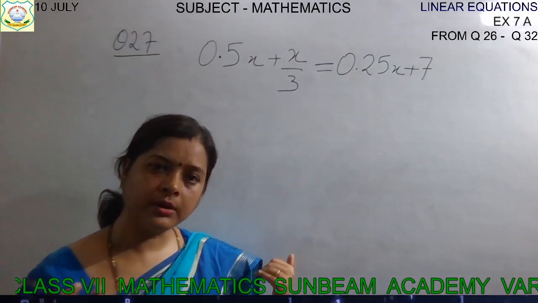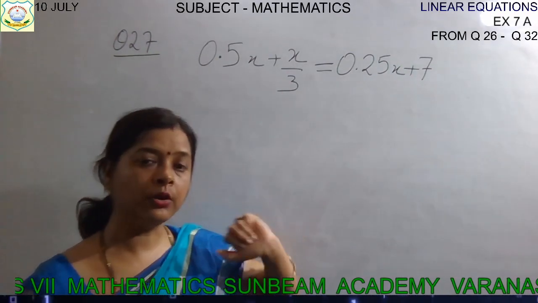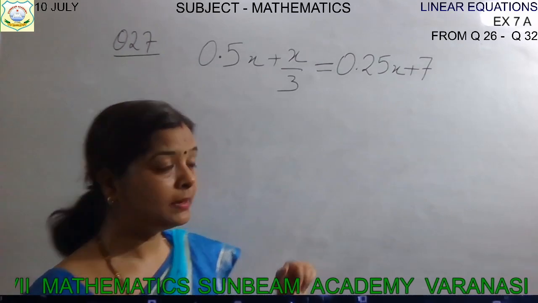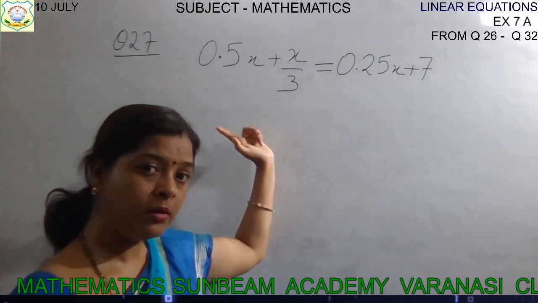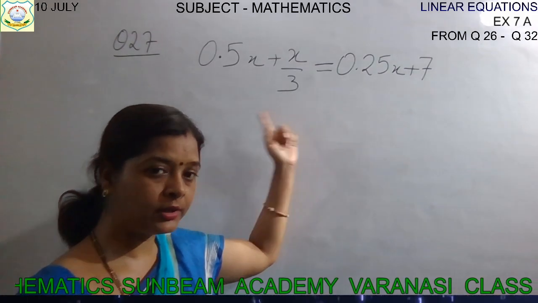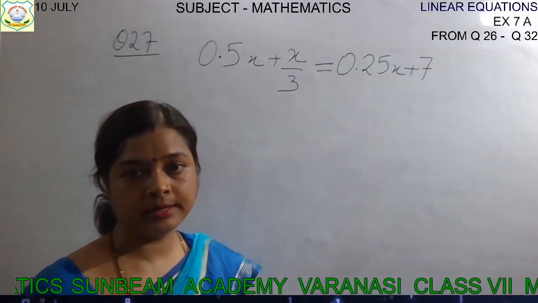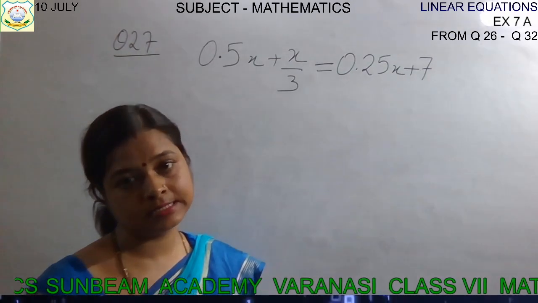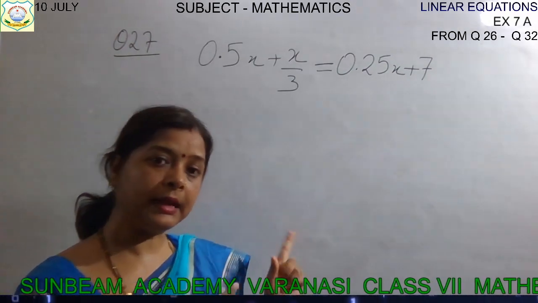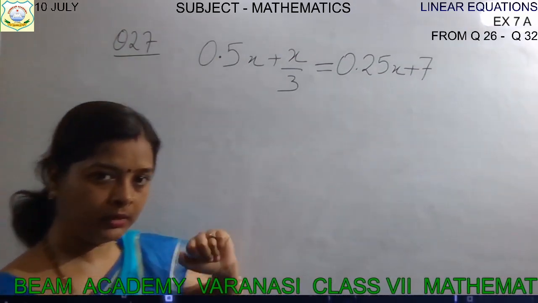If there is only one denominator in any equation, then how can you remove it? By multiplying that single denominator on both sides. If there are 2 or more denominators, then only we will find the LCM and multiply that LCM on both sides. But here only one denominator.